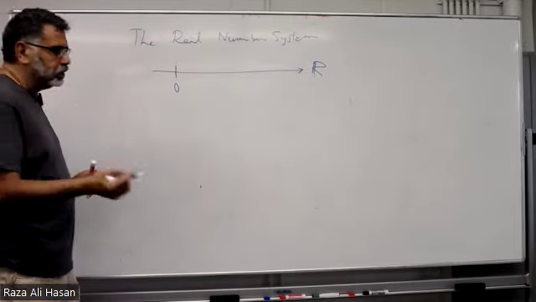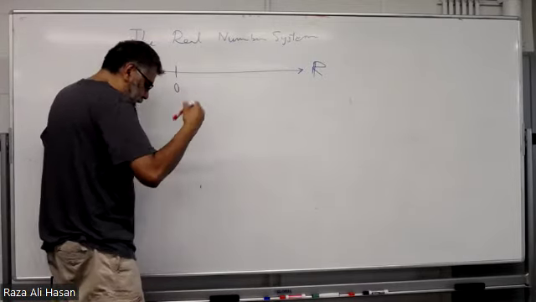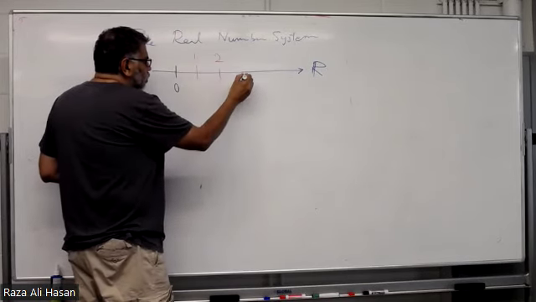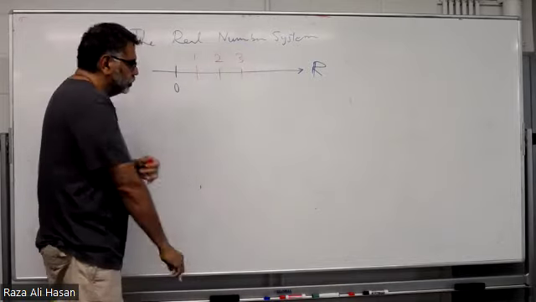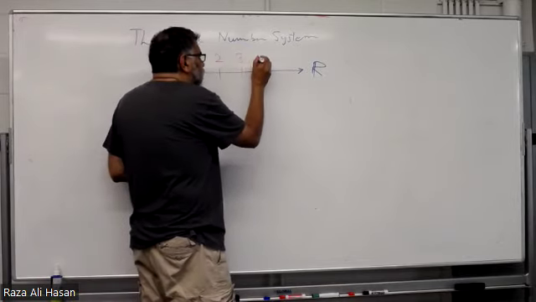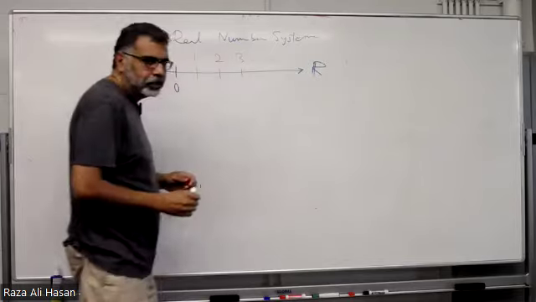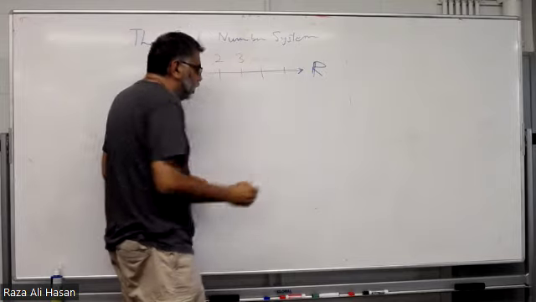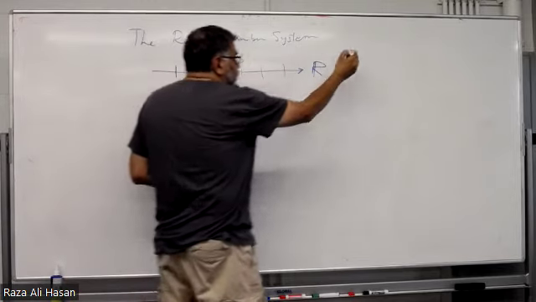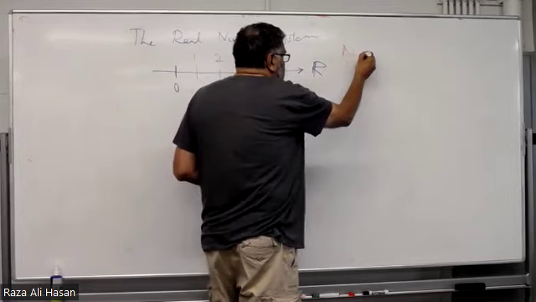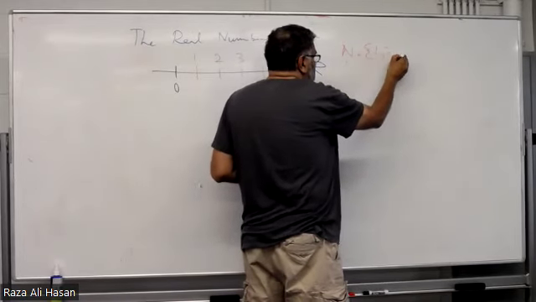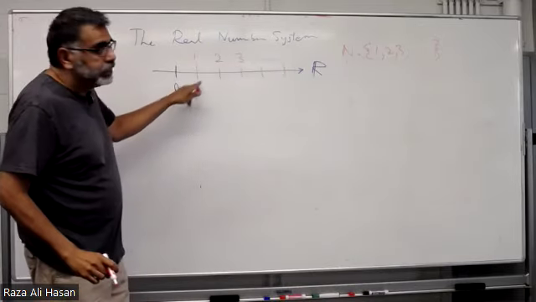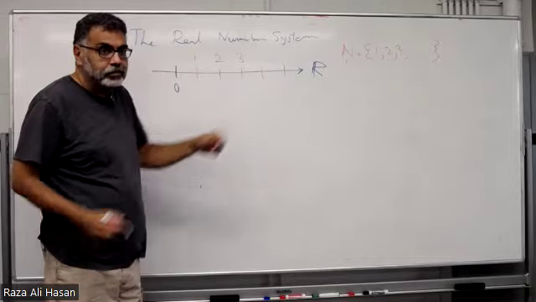Natural numbers are only positive. So our first natural number is, in red, 1, 2, 3, dot dot dot to infinity. This keeps going forever. This is the set of natural numbers, and we find it embedded in the real number line.